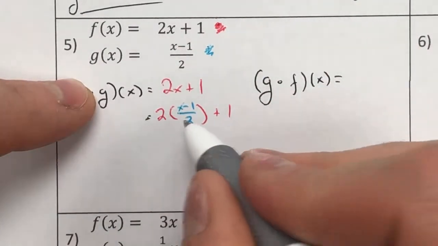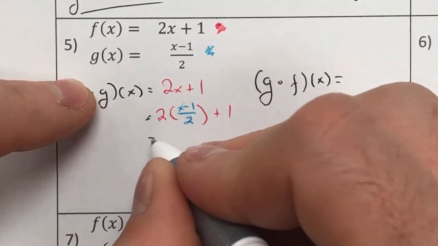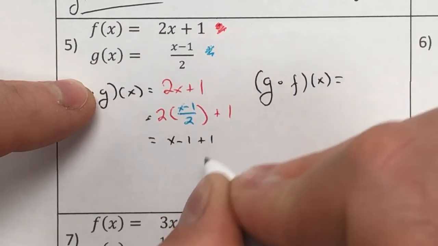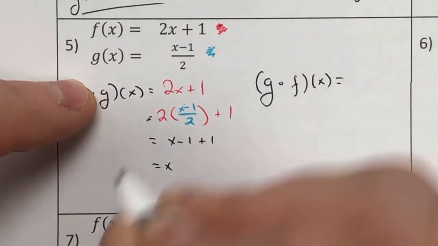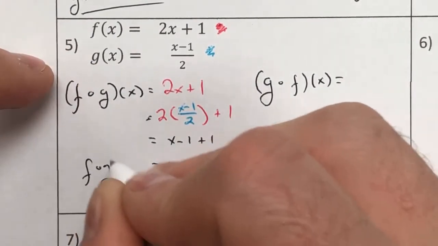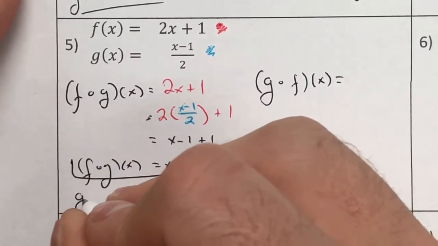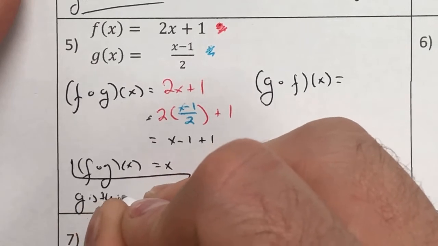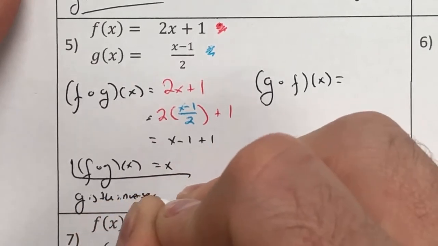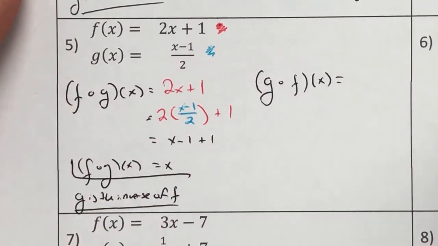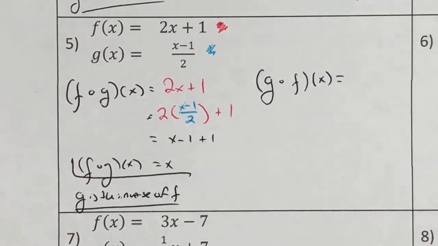Okay, so that 2 divided by 2 cancels out. I'm left with x minus 1 plus 1, which is x. So f of g of x works. So now g is the inverse of f. Good stuff to know.